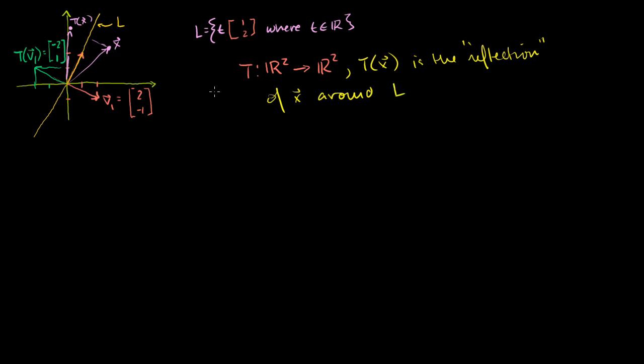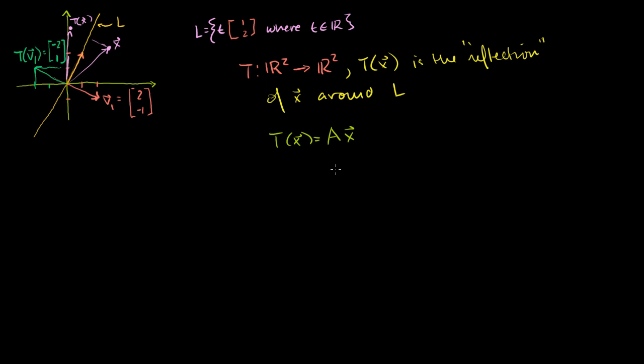Now, in the past, if we wanted to find the transformation matrix, we know this is a linear transformation. I don't have to go through all of the exercises of showing this is a linear transformation. But in the past, if we wanted to find the transformation matrix for a linear transformation, so let's say T of x is equal to some 2 by 2 matrix A, because it's a mapping from R2 to R2, times x.